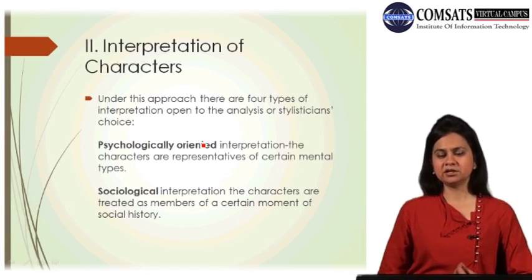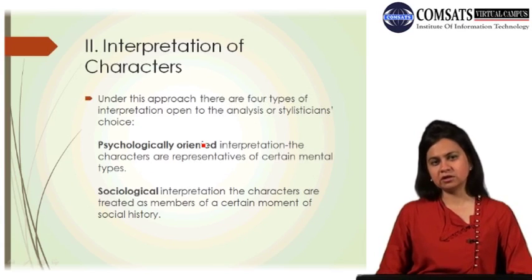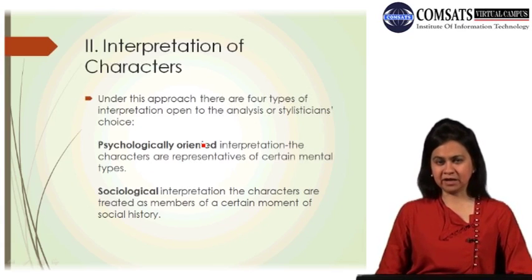So this is the interpretation of characters, the second approach of the literary stylistics, and the first one was the thematic approach. In the thematic approach, we try to locate and find out the theme of the poem, which is the underlying message behind the story and actions of the characters.